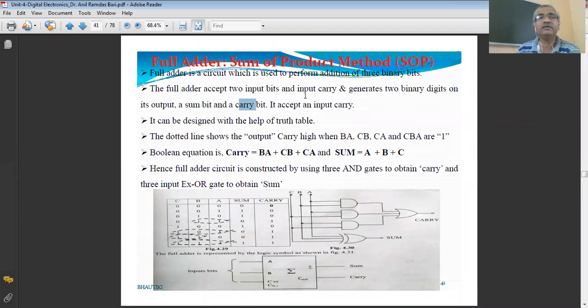It accepts an input carry, so it can be designed with the help of this truth table. Here, see these dotted lines, how to design a full adder using the sum of product method. Now this is the truth table.